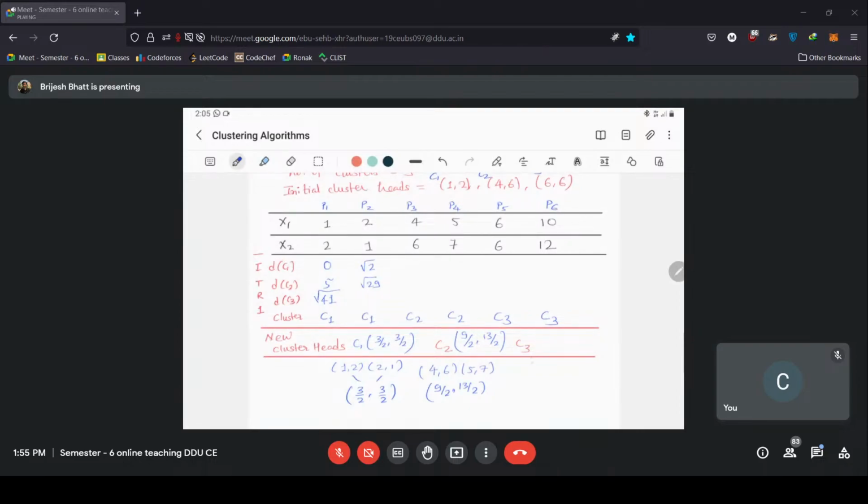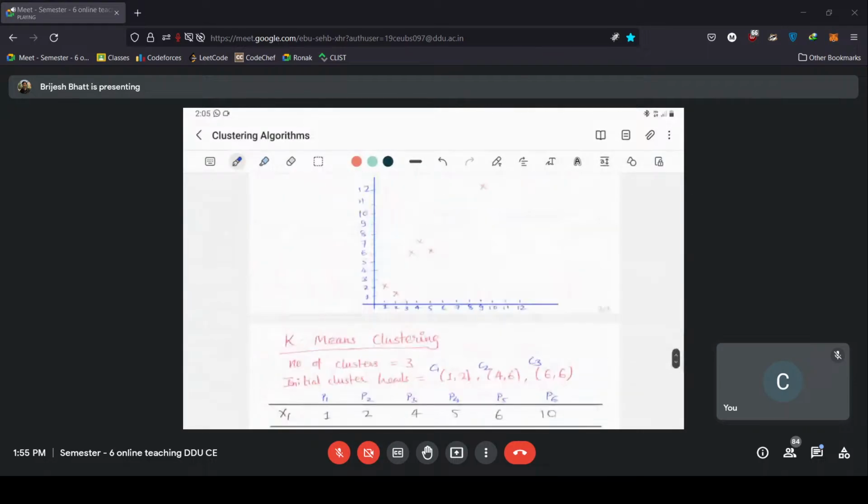And C3 has (6, 6) and (10, 12). So (8, 11) will be C3. So let us see how our cluster heads are moving.